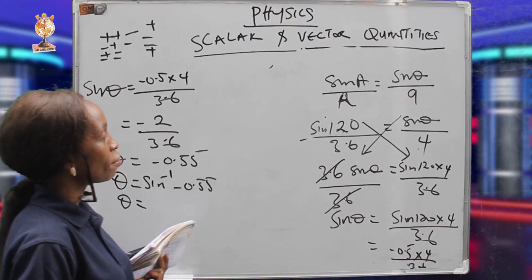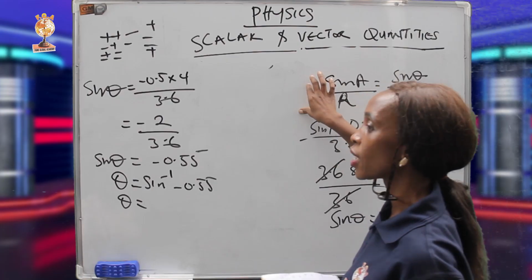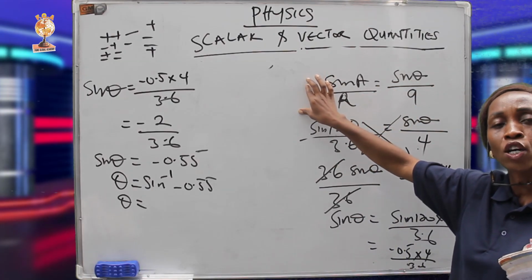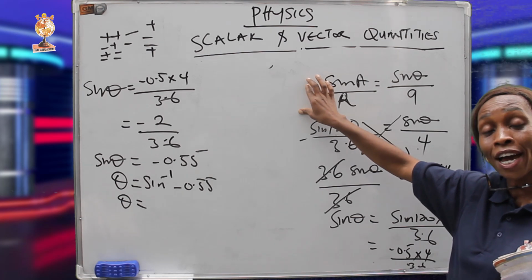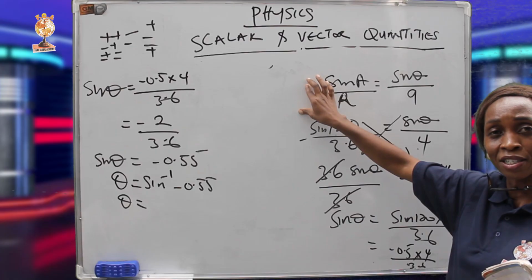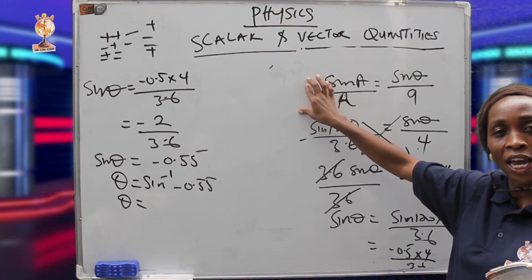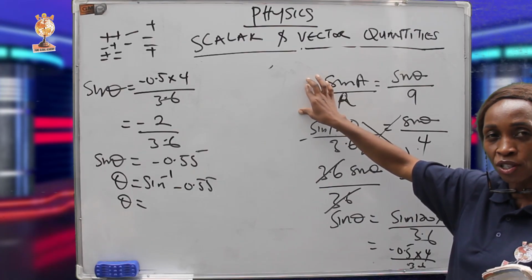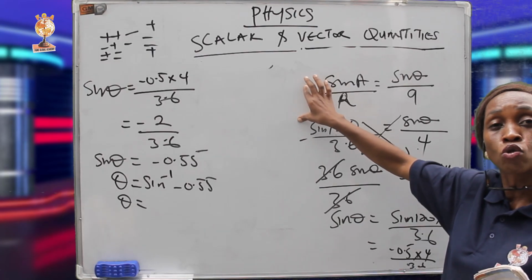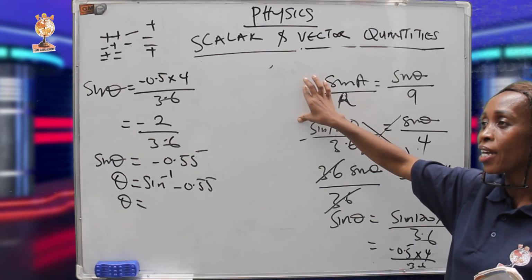Now I said if I am given an angle that is above 90 degrees, it could be an obtuse or an acute angle, either above or below 90 degrees, and we use the cosine rule, not the Pythagorean theorem. We have done using the Pythagorean theorem, and we have done using the cosine rule for our resultant.